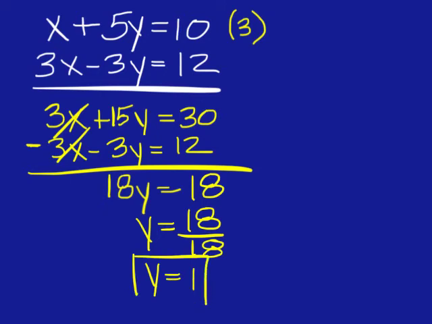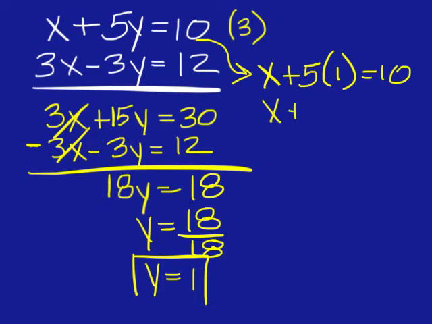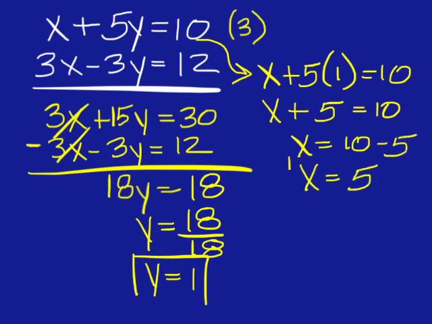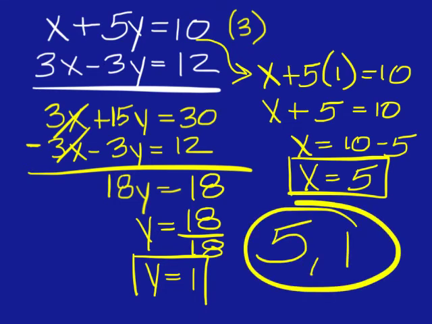Plug that back into one of the top ones. I'm going to use this one. X plus 5 times 1 equals 10. Simplify. Move. Simplify. And you should get 5. So the answer is 5, 1.